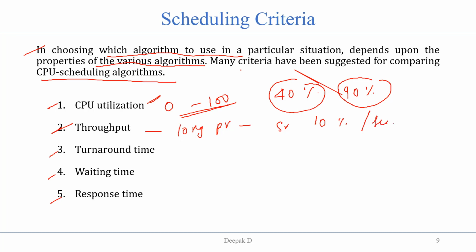What actually is turnaround time? It is an important criterion which tells how long it takes to execute a particular process.